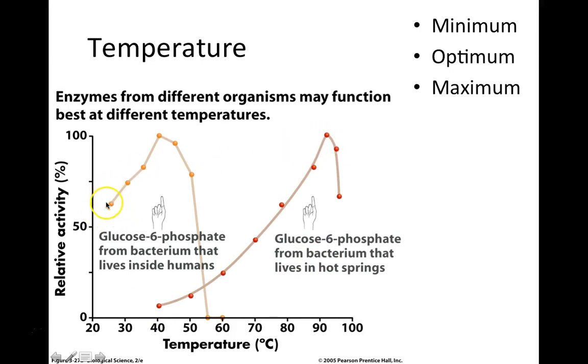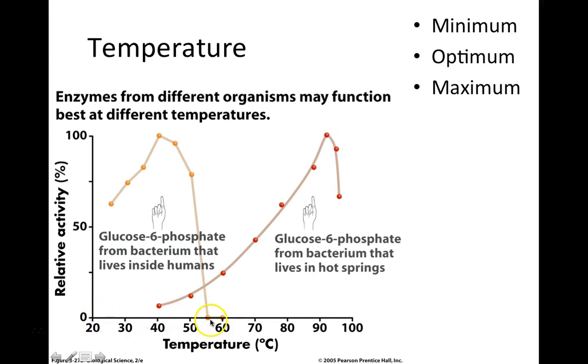Both enzymes at a lower temperature have almost no activity or half activity in terms of relative activity. We get to a temperature optimum, and that's where we see the greatest, most rapid activity of that enzyme. As we increase the temperature to temperature maximum, for some enzymes, we actually wind up with zero activity.